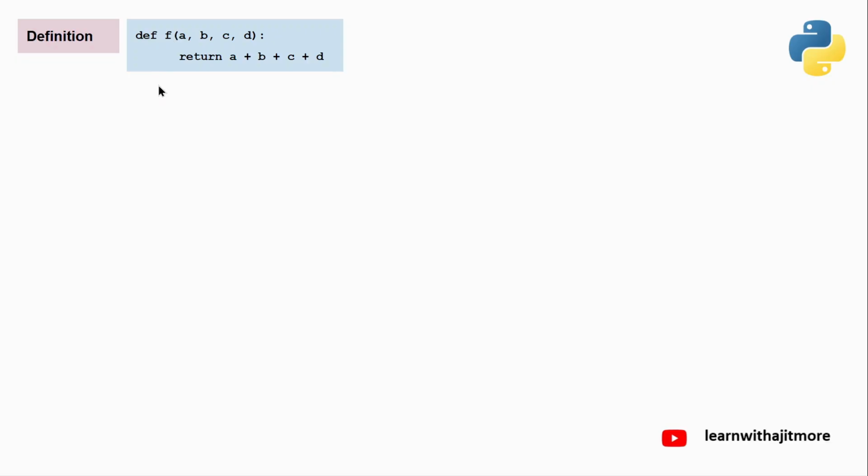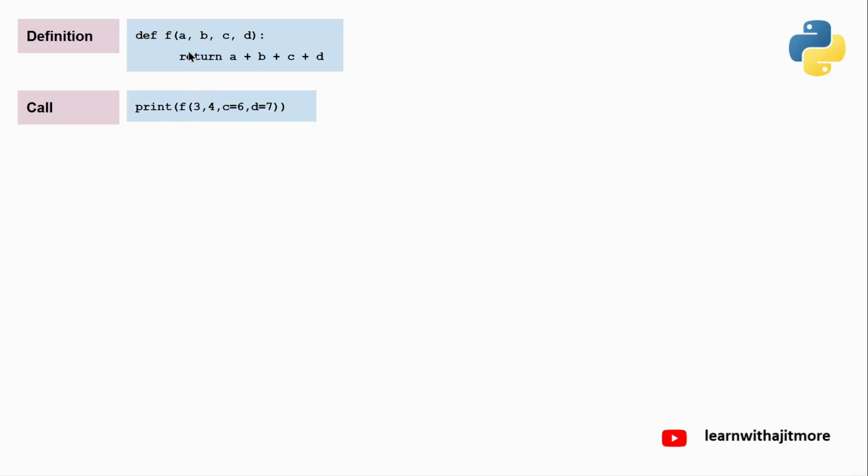See, one very simple function f I have written with four arguments, and you're adding all four: a plus b plus c plus d. Now, suppose I'm calling the same function in different ways. Values are the same, but the orders are different.